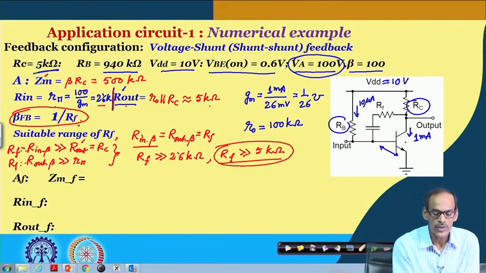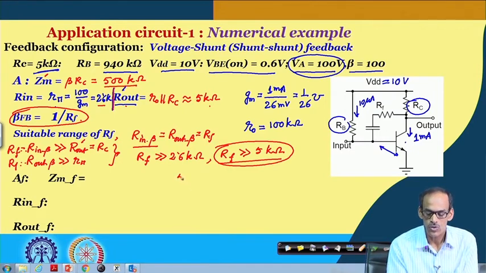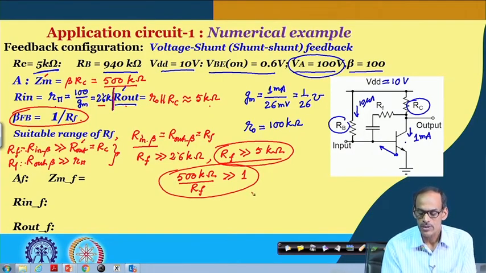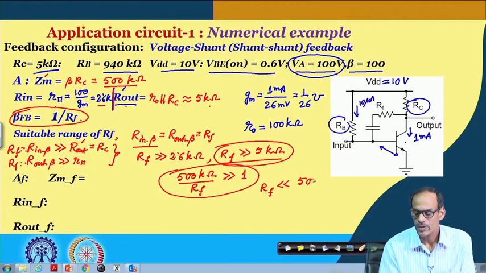On the other hand, if I consider beta FB into Zm, which is giving us 500 k, so 500 kilo ohm divided by Rf should be much higher than 1. So, this is giving us that Rf should be much smaller than 500 kilo ohm.